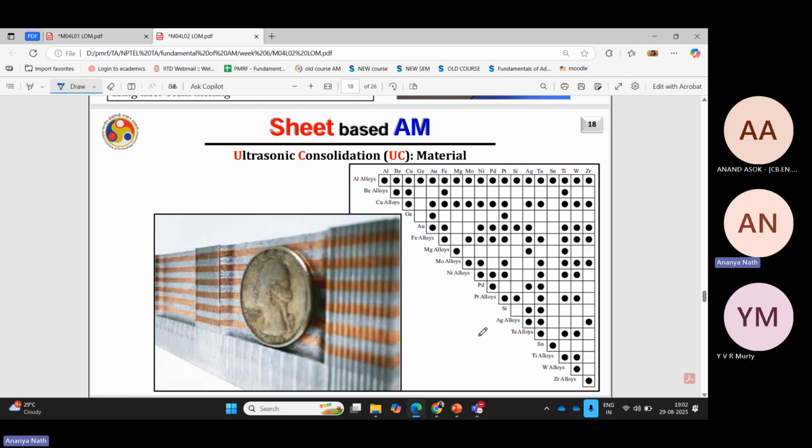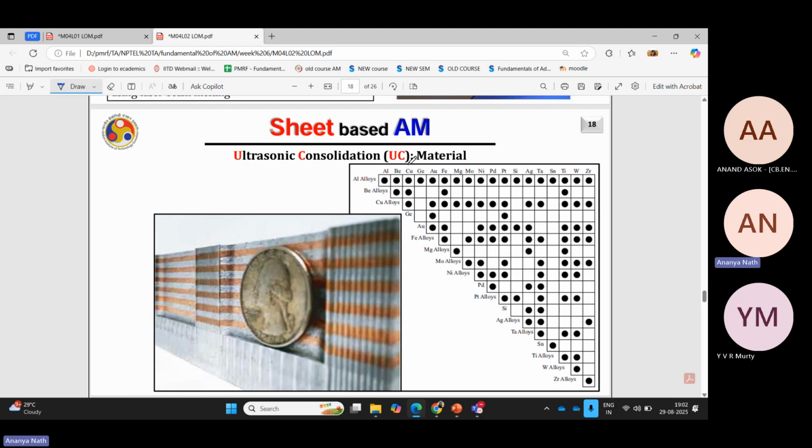So from the literature review, these are the dissimilar metals which were found joined using this sheet lamination process. Aluminium was joined with all other types of metals like aluminium, copper, iron, magnesium, molybdenum, nickel, every type of metal. Then beryllium was joined with aluminium, copper, and iron.